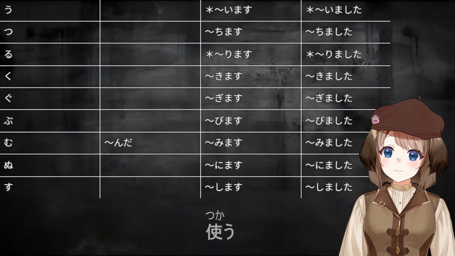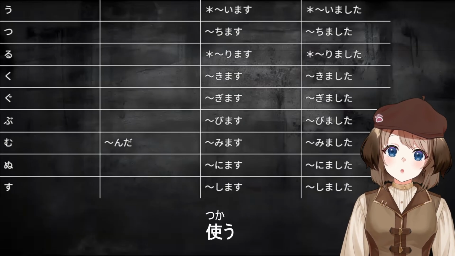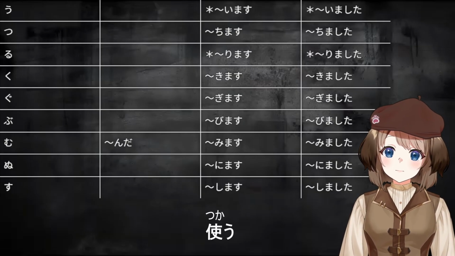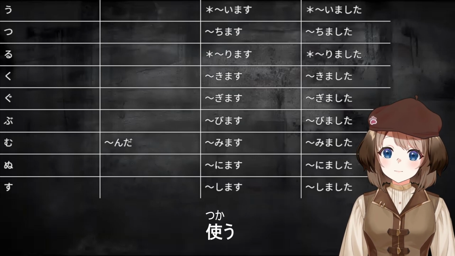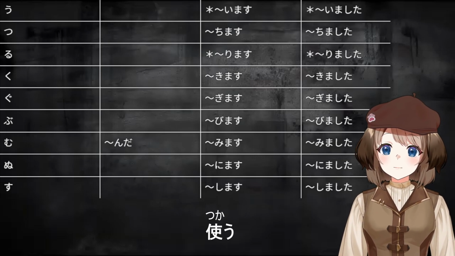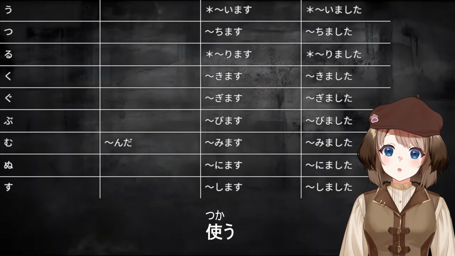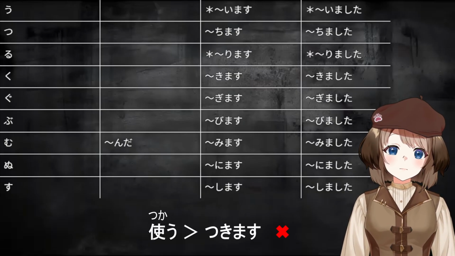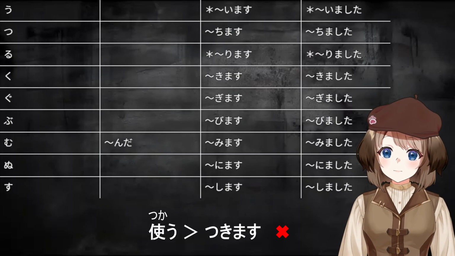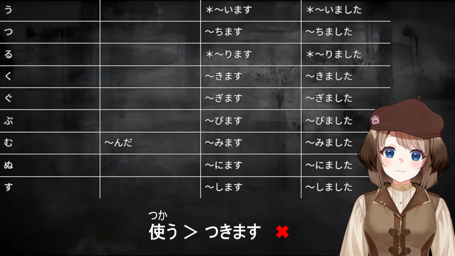For example, tsukau is a verb that ends in U. Tsukau means to use. Often I see students making the mistake of thinking that they need to conjugate tsukau into tsukimasu. This is wrong, but it isn't difficult to see why people make this mistake.